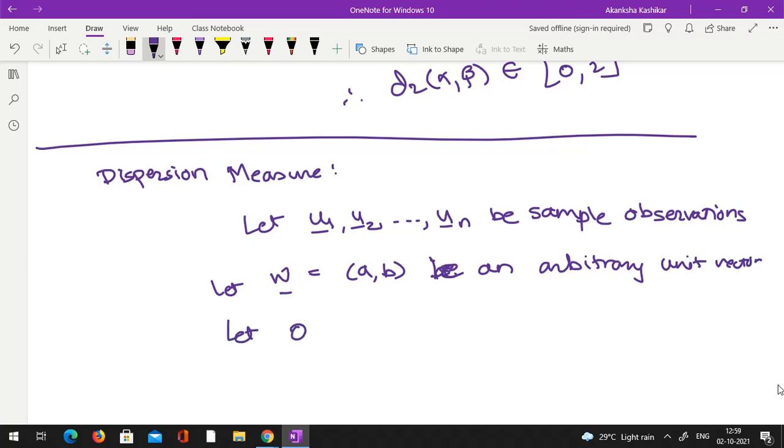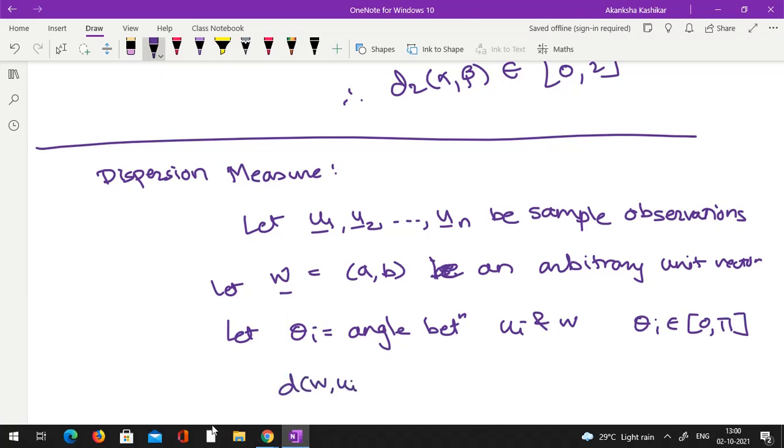Let theta i be the angle between ui and W, and it is the smaller angle, so theta i is in 0 to pi. Then the distance of W and ui we know will be 1 minus cos theta i, by the second method.